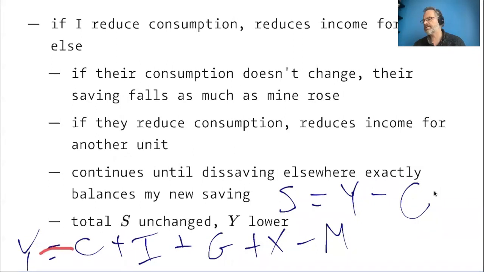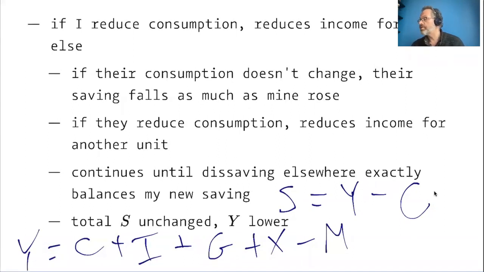And the key assumption that makes that true is that we're interpreting this equal sign here as not just an identity, but as a behavioral relationship. It's not simply that since we've decided to slice output into these different spending categories, the parts have to add up to the whole. It's that we actually think the spending in each of these categories is being determined independently, and then whatever that total turns out to be, that's what determines output.